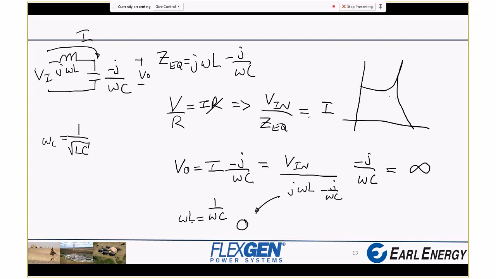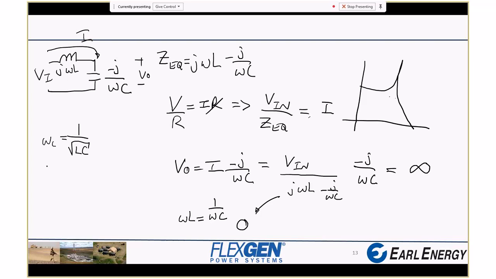I don't have enough time to go over it now, but it does come out that way. There ends up being a polynomial term in the denominator. The corner frequency is defined, in an RC circuit, as where you've lost 3 decibels of gain.